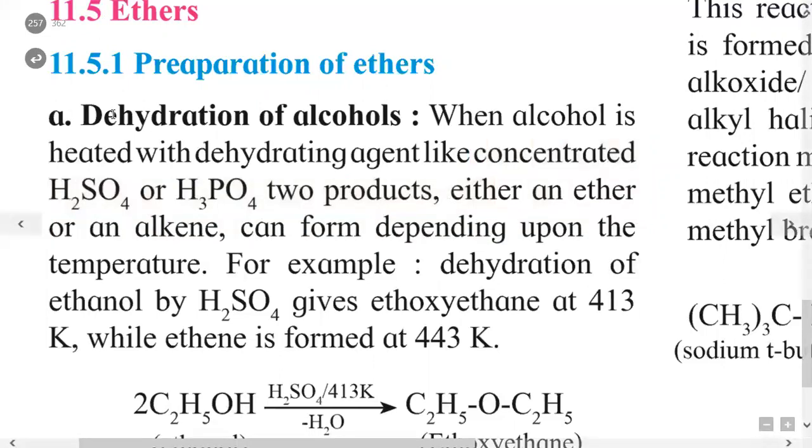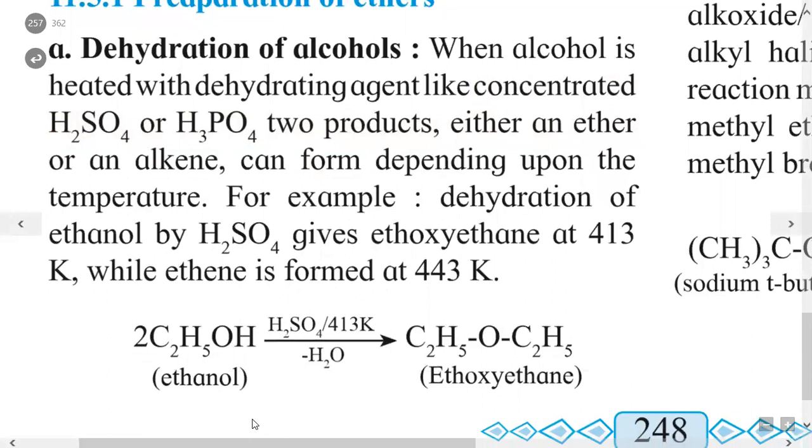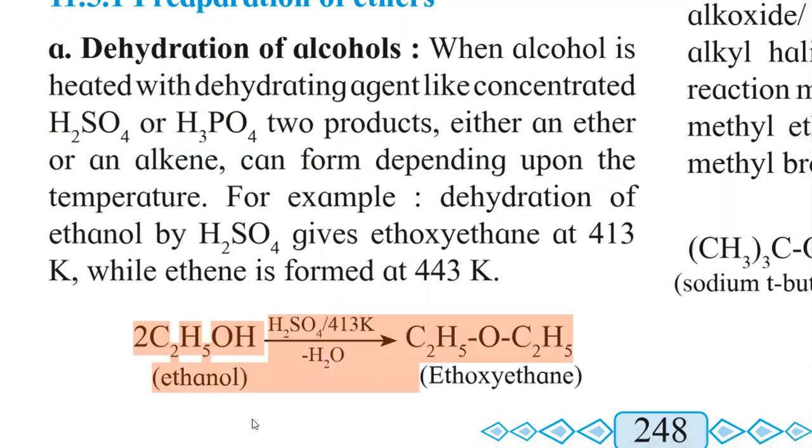For example, two molecules of this alcohol take part in the reaction. This reaction takes place in the presence of concentrated H2SO4 at 413 Kelvin. Then we get ethoxyethane, that is diethyl ether.